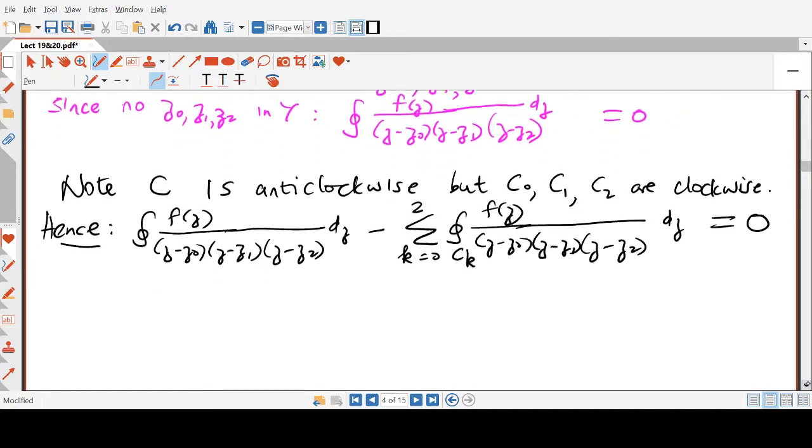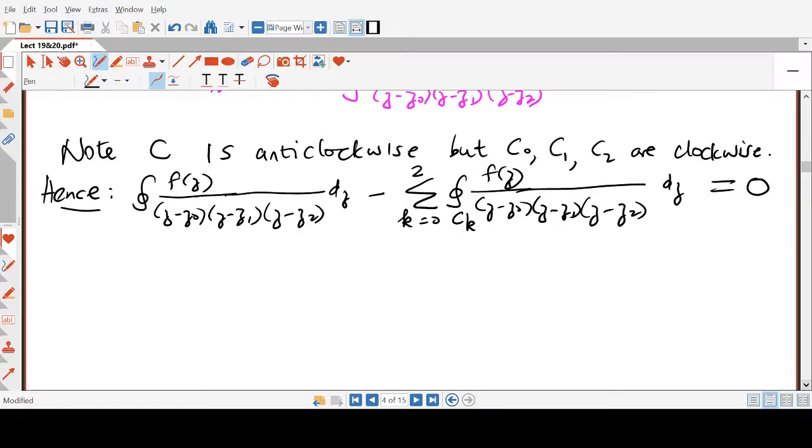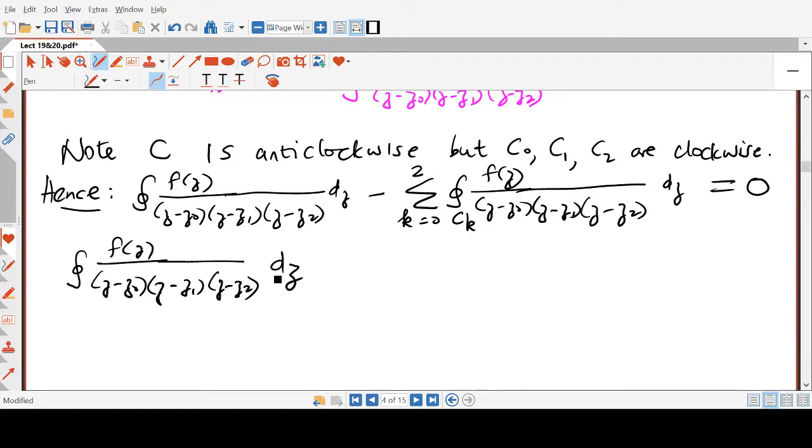So if you transfer, you can say that this is now the extended formula: the integral of f of z over (z minus z0)(z minus z1)(z minus z2) dz along a curve C is actually the sum of k equals 0 to n, and you can actually have n here.